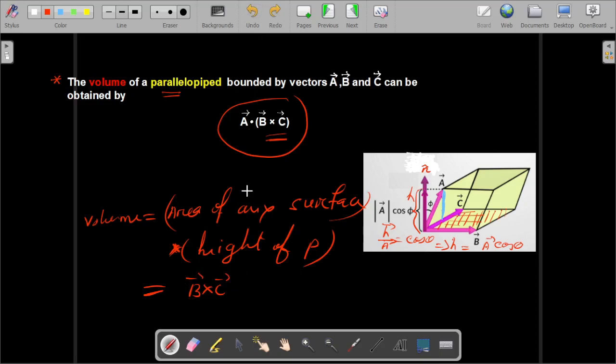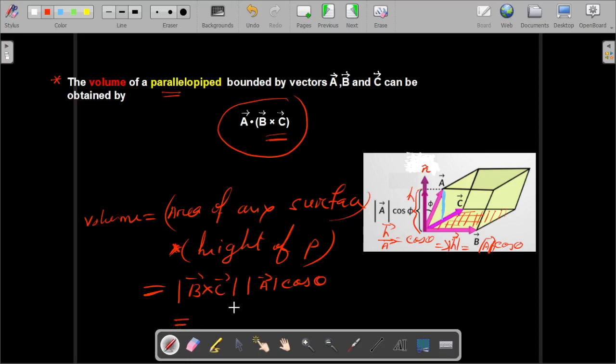So here also, what is the value? Here I have taken the value. This modulus will be the value a cos theta.